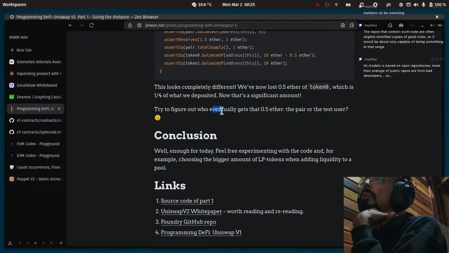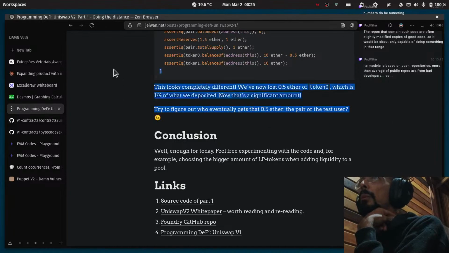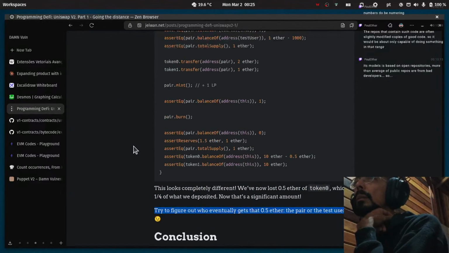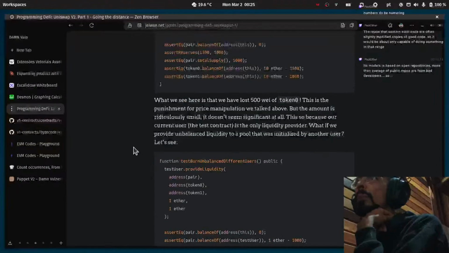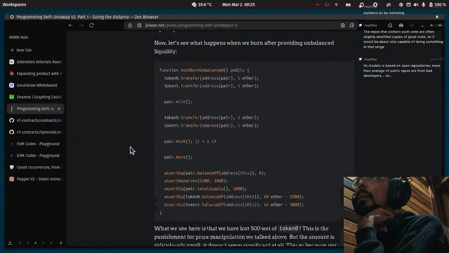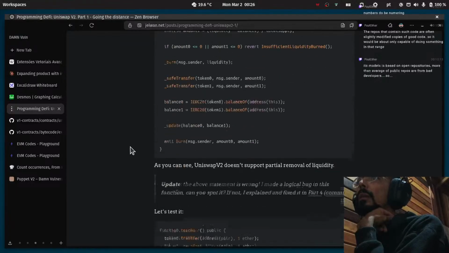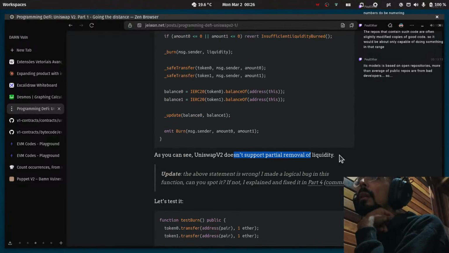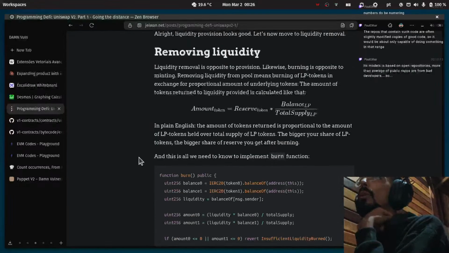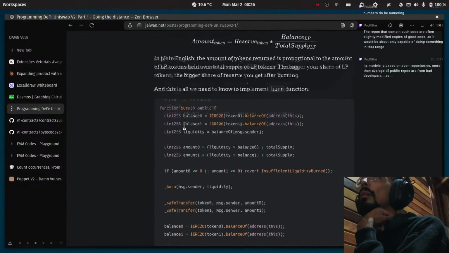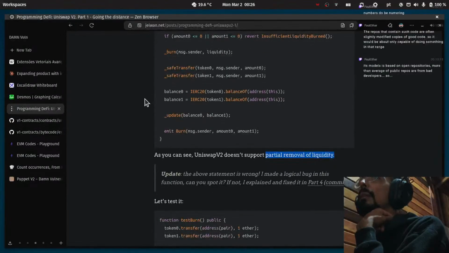Okay, the problem gonna be here. I don't remember what he's talking about here. Oh, I think it's about removing liquidity, right? Oh, I think here gonna be about impermanent loss. Maybe.